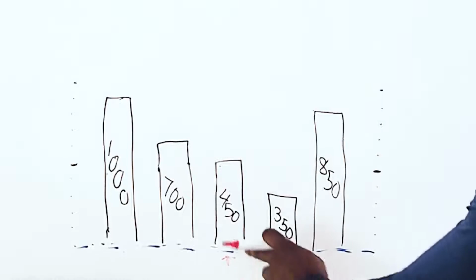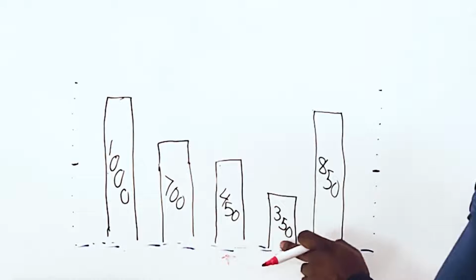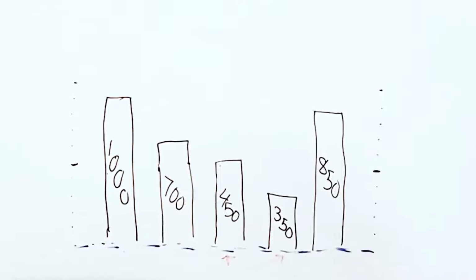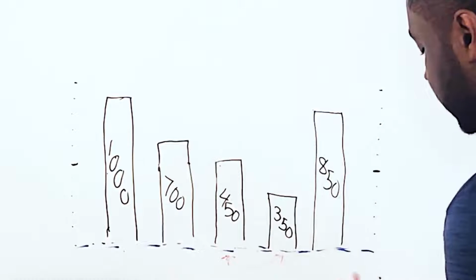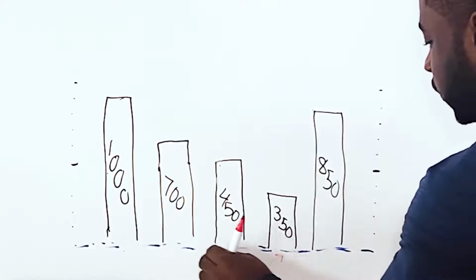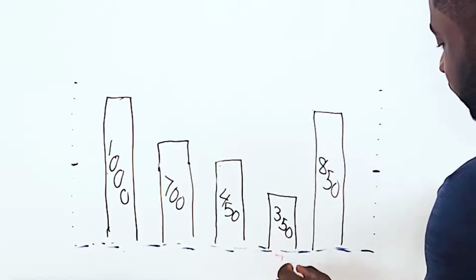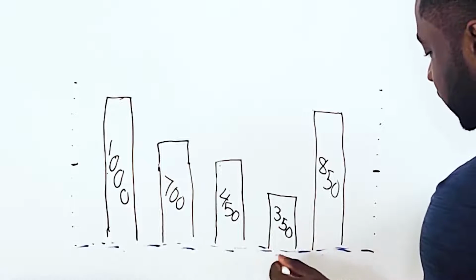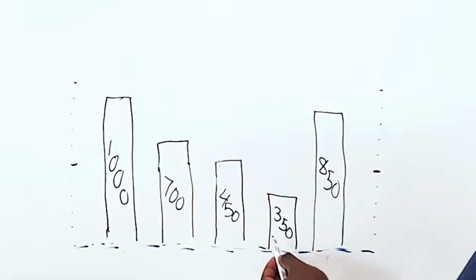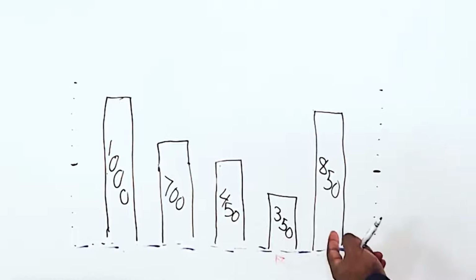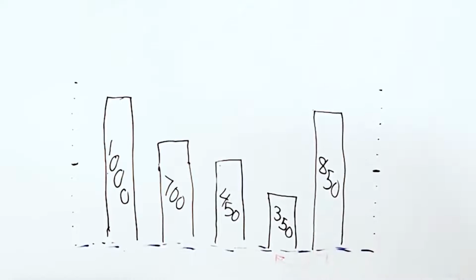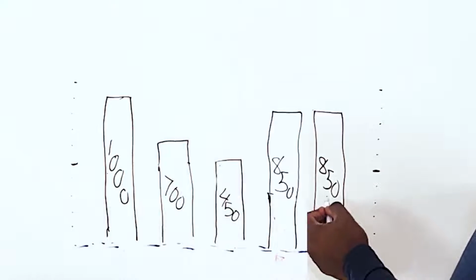We're checking to see if 450 is greater than 350. And in this case, it is. So we're going to leave this where it is. And then we're going to move up again. We're going to check these two numbers. So here we're checking if 350 is greater than 850. In this case, it is not, so we're going to swap these two.